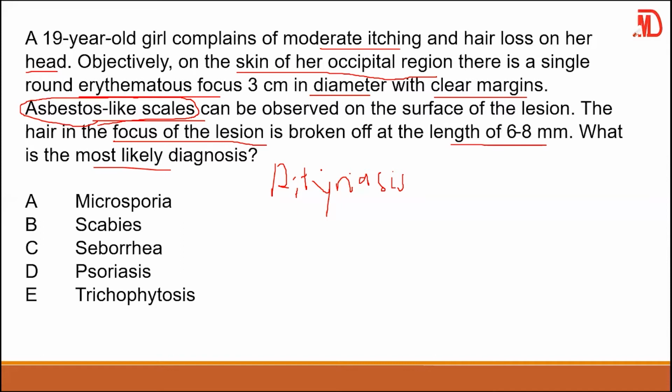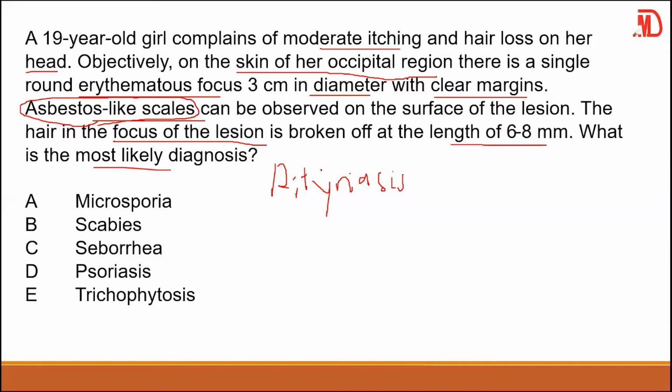Now, over here, according to Krok, this is microsporia. And to be honest with you, I don't know why. This is microsporia. So please, if you know it, do well to let me know or just comment on it and then let us learn from you. But for me, this should have been pityriasis.